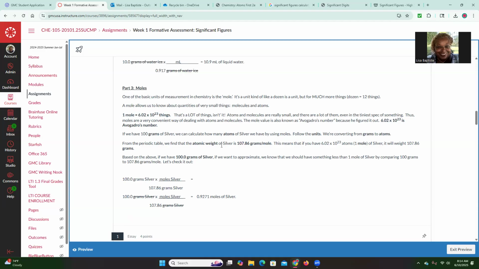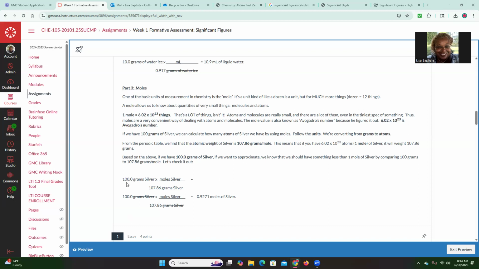So if we're looking at silver, silver has the symbol of Ag in the periodic table. If you look at Ag, you find that silver is 107.86. That's the number that's listed below the chemical symbol, and that represents the number of grams in 1 mole.